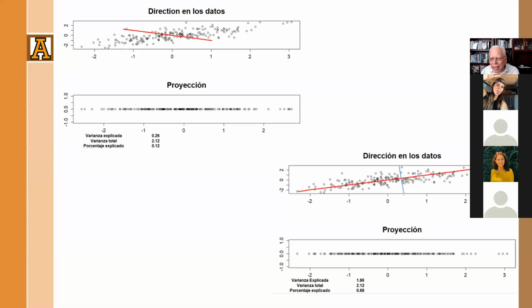So what we actually did was rotate the axes, right? The original axes were these ones here. Let me draw them here.